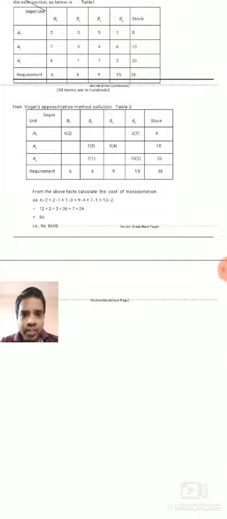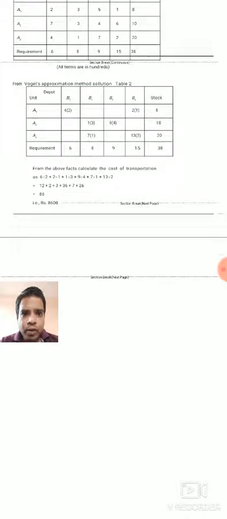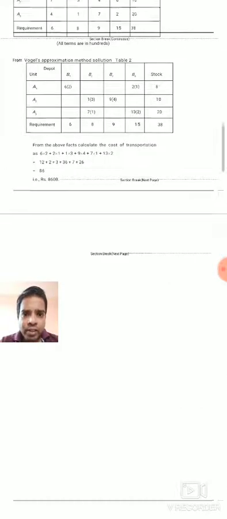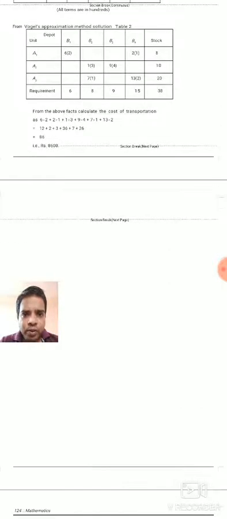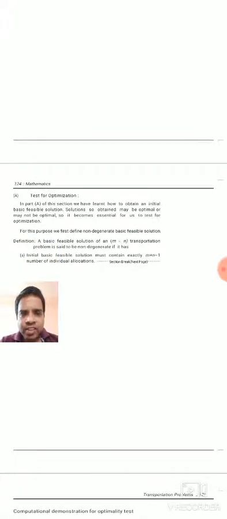A1 to B1, that is 6 into 2, A1 to B4, that is 2 into 1, A2 to B2, that is 1 into 3, A2 to B3, that is 9 into 4, A3 to B2, 7 into 1, plus A3 to B4, 13 into 2. We are getting the transportation cost 86, which we have to keep in hundreds, so the transportation cost is 8600. Now we need to carry out the optimality test to check whether that 8600 transportation cost is optimum or not.